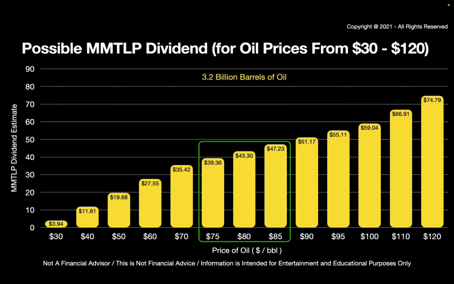So that means we're at the high end of the $39 to $47 dividend range. That's not bad.